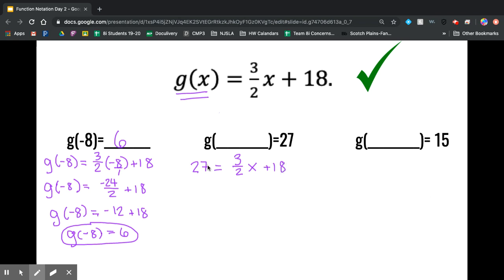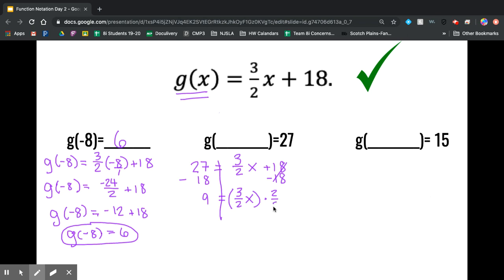So now I'm going to do my inverse operation. I'm going to draw my wall, and I'm going to start by subtracting. And what I get here is 9. So 9 equals 3/2 times x. If you guys remember how to cancel out a fraction, in this case we could divide by 3/2, but that would be the same as multiplying by the reciprocal.